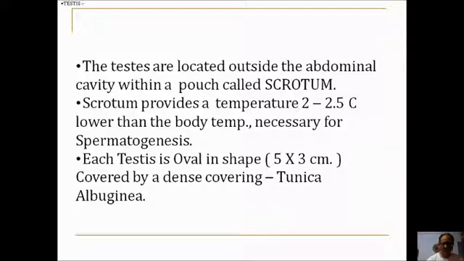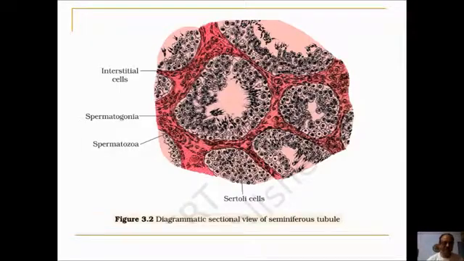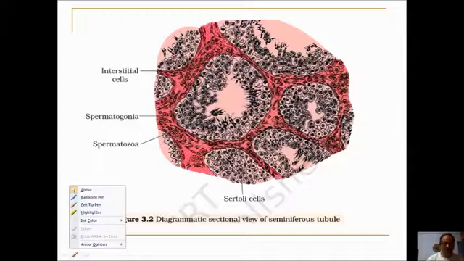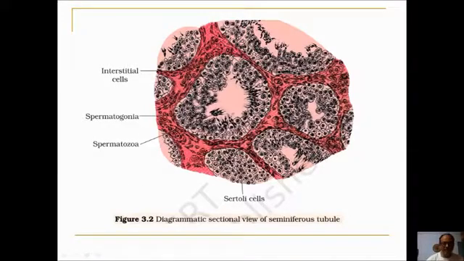They are also called seminiferous tubules. So these are the different lobules that you can see here, and you can see this lobule having a large number of cells.